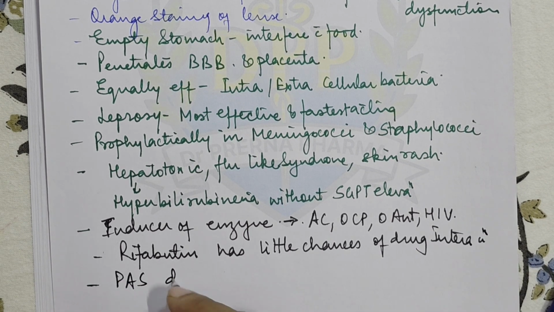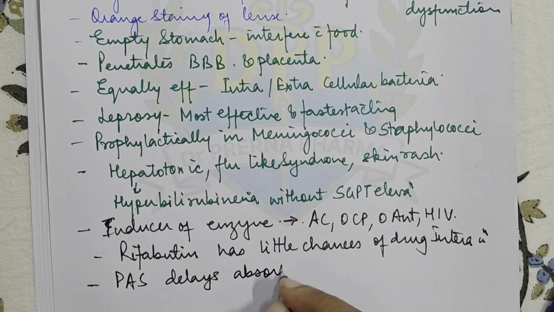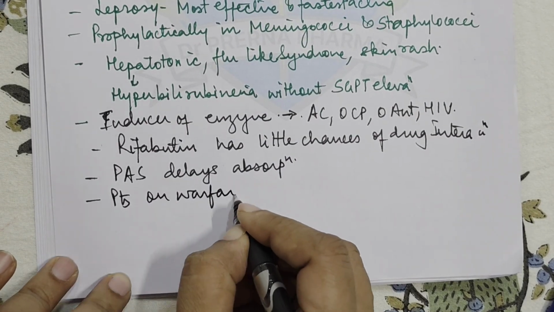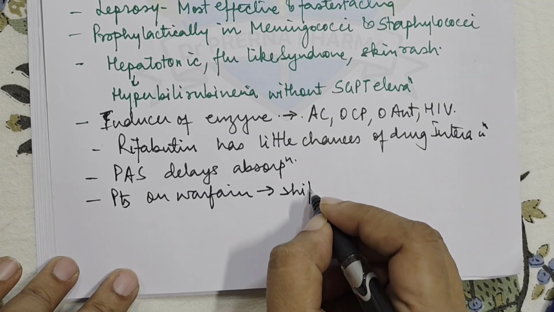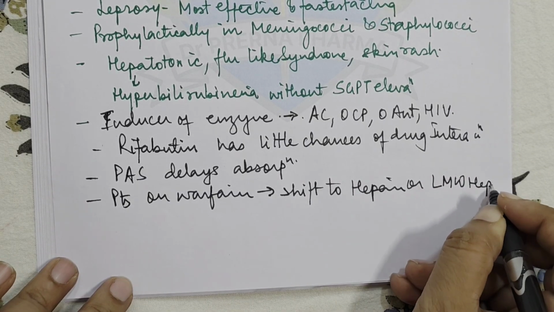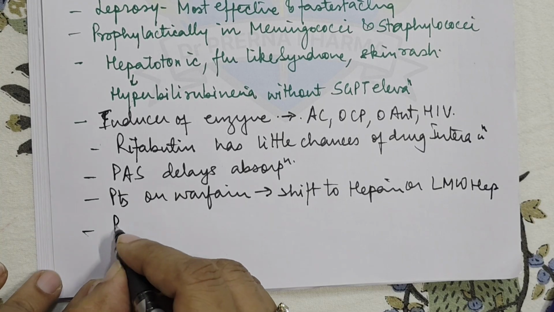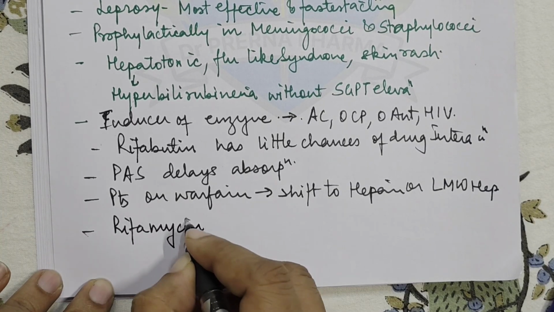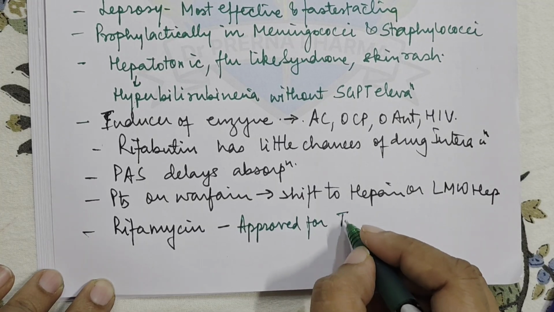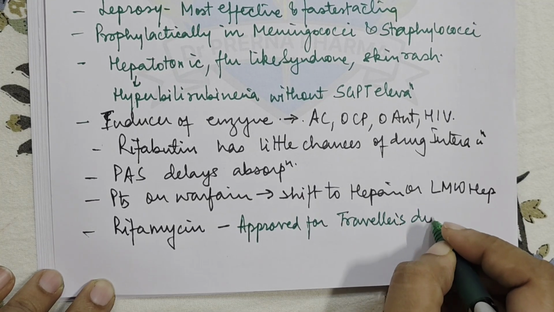Then PAS delays the absorption. Patients on warfarin should shift to heparin or low molecular weight heparin. Okay. Then there is another analog, rifamycin. Rifamycin is recently approved for treatment of traveler's diarrhea.